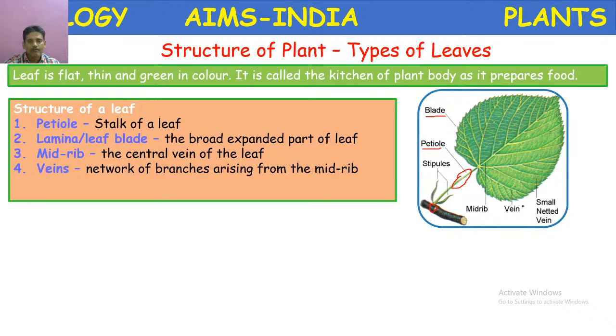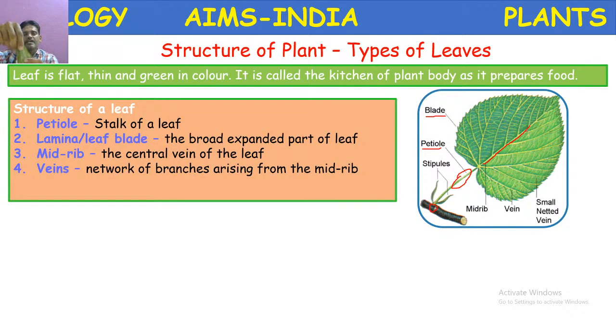Next, the middle region of the leaf is called the midrib or the central vein. Vein and veinlet. You see here, the central portion is called a midrib. This is called a petiole, to which the total surface of the leaf, called the lamina, is attached.